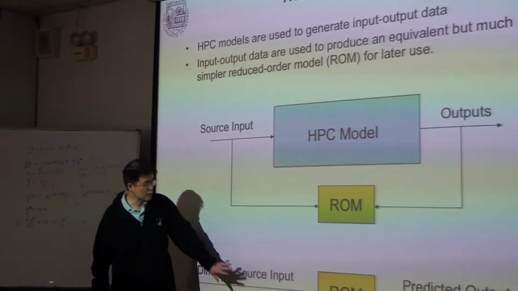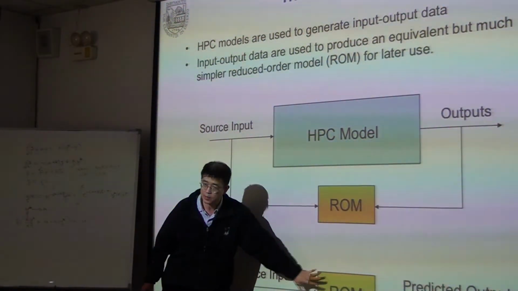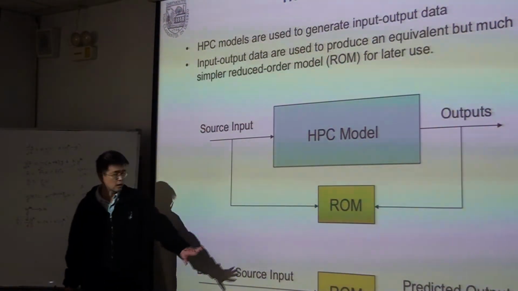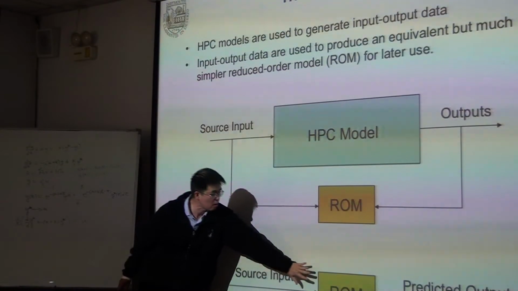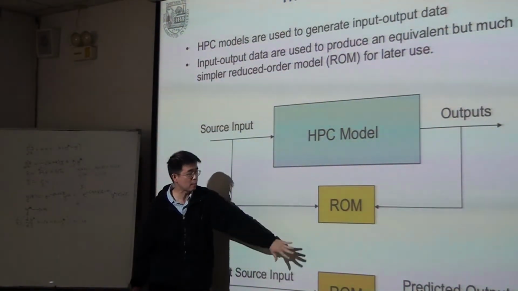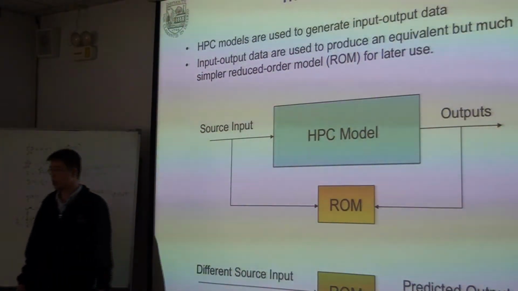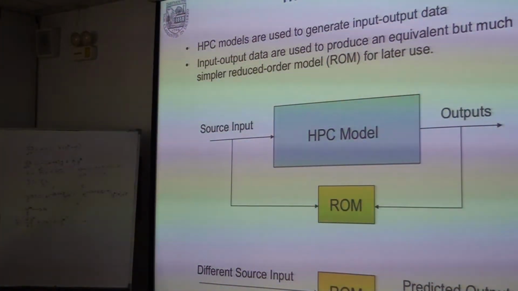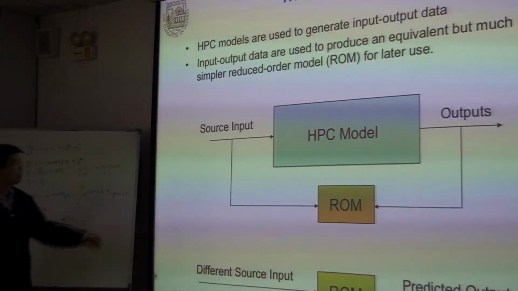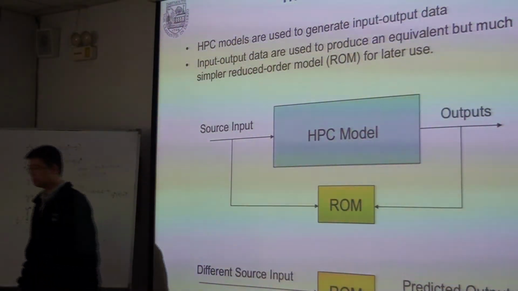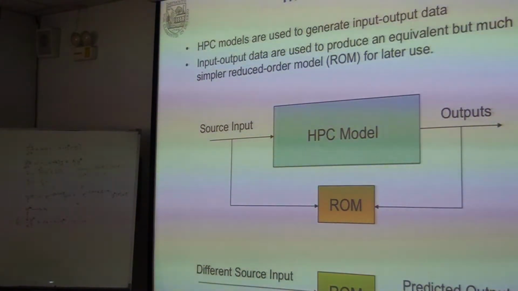And this model is very fast. It can produce the predicted output. This is a model of a model, and we can use it for different source inputs. So if you want an optimization routine where you have to run this many times, you just replace it by this model. Okay, so that's the idea.